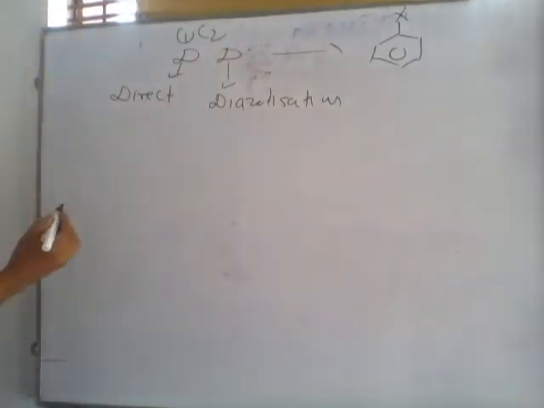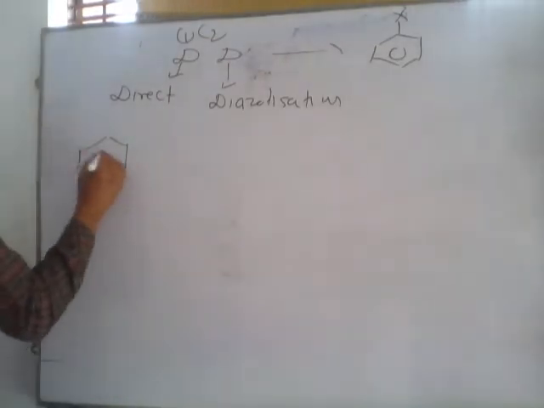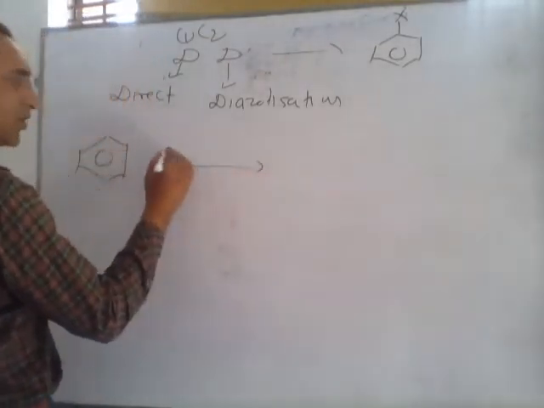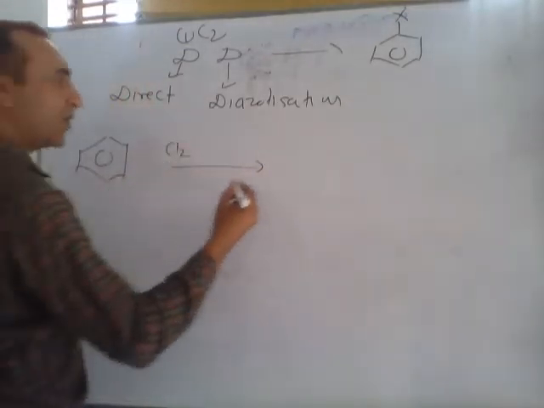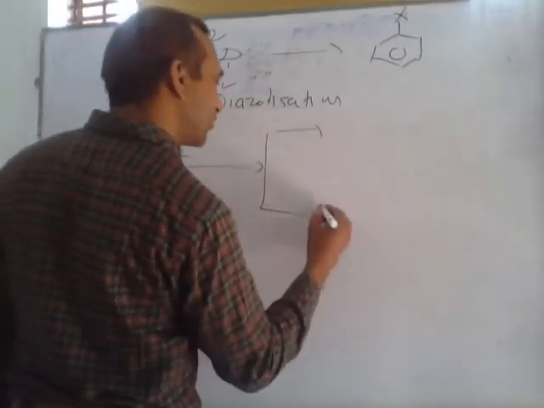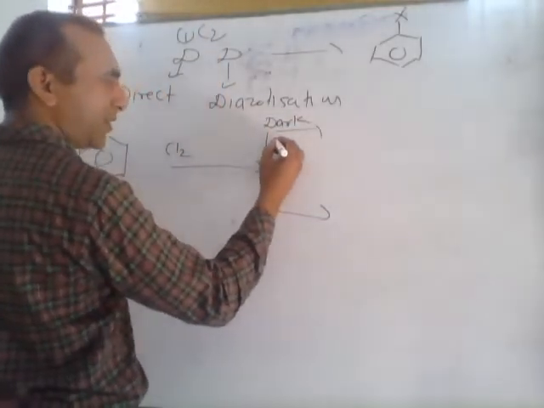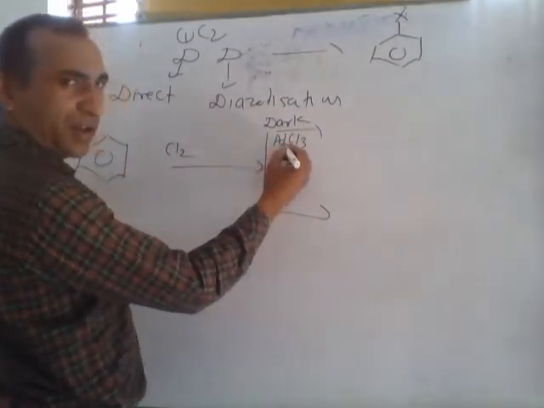First, direct halogenation. Direct halogenation means, listen, this is benzene. We react it with a halogen directly. Suppose chlorine. The case may be two. The reaction happens in the dark in the presence of a catalyst, suppose AlCl3, anhydrous aluminum chloride.